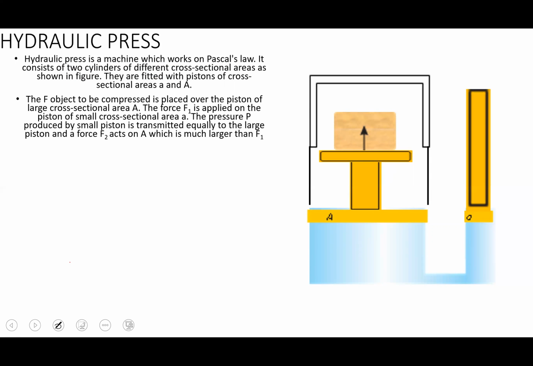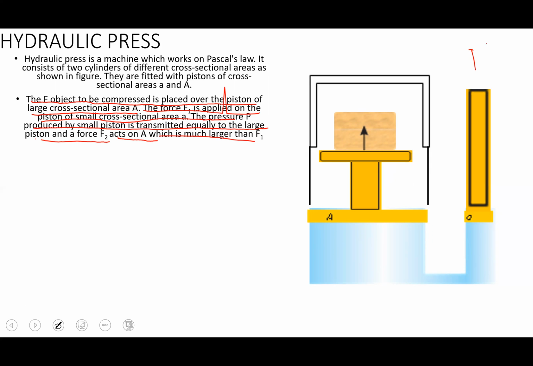The object to be compressed is placed over the piston of cross-sectional area capital A. The force F1 is applied on the piston of small cross-sectional area small a. The pressure P produced by the small piston is transmitted equally to the large piston, where force F2 acts on capital A, which is much larger than F1.